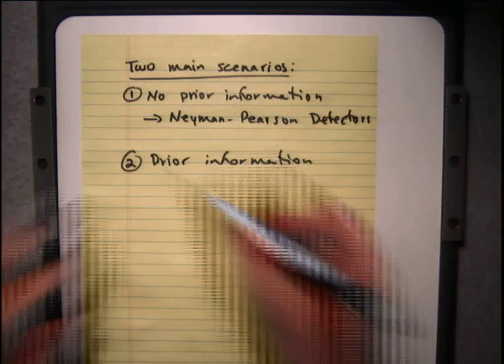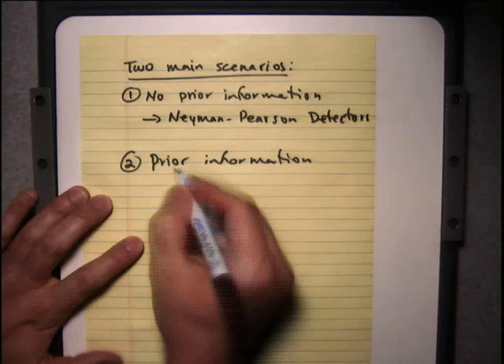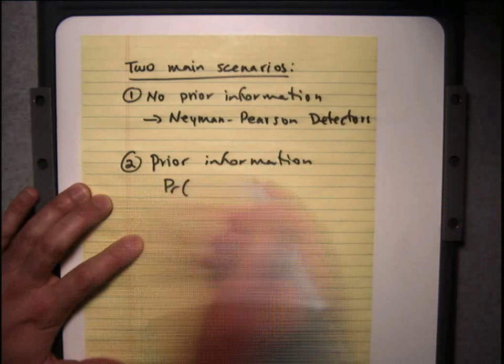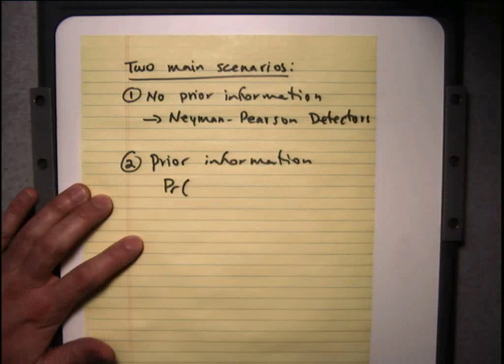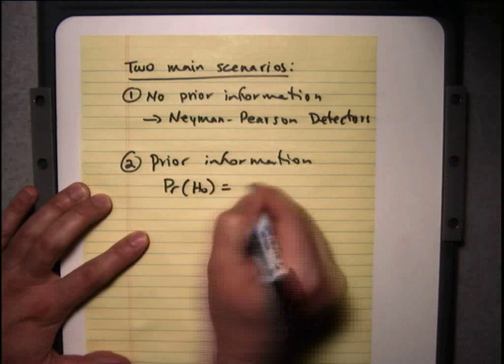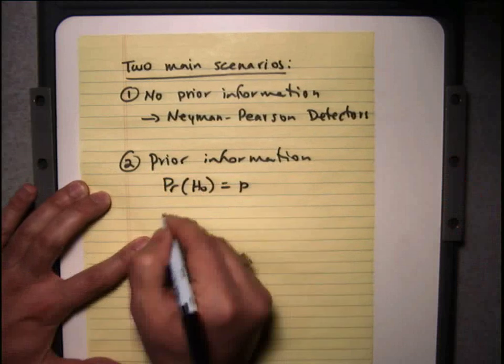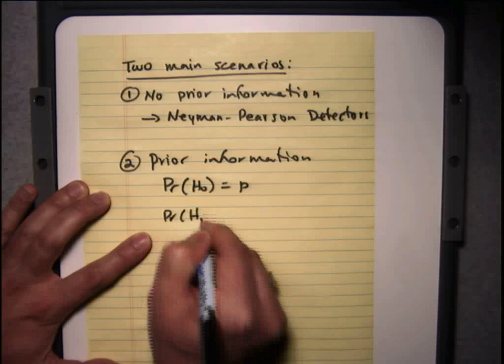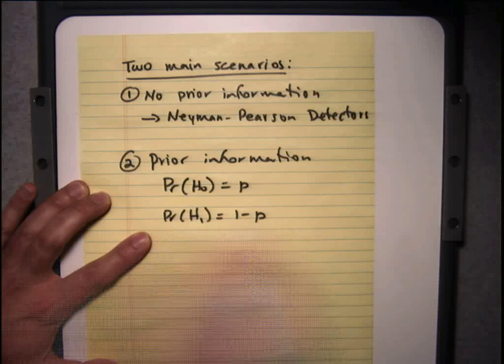The second one is where you have prior information. For example, you might say ahead of time, even before you collected any data at all, that the probability that H0 will happen is, let's say, some little p, and the probability that H1 will happen is 1 minus p.